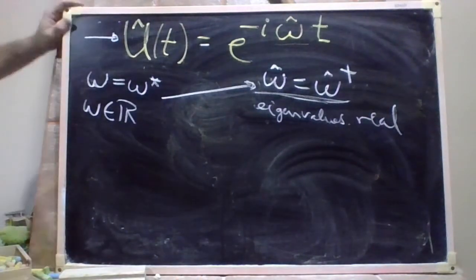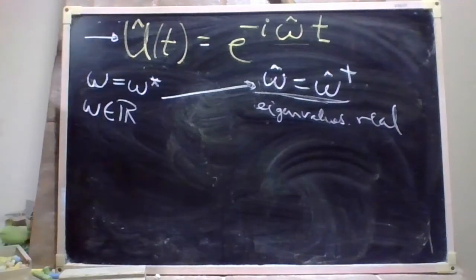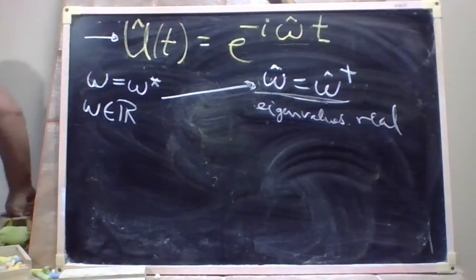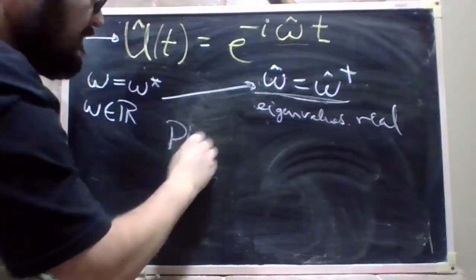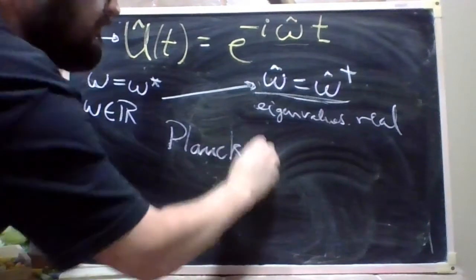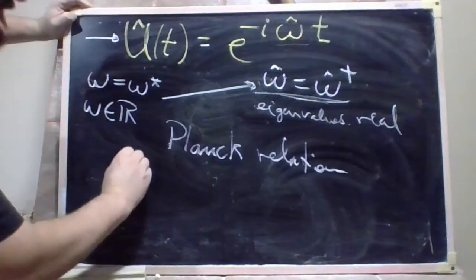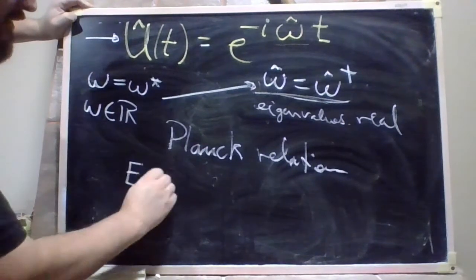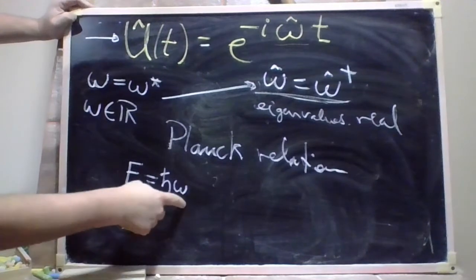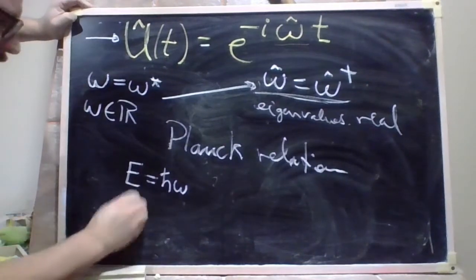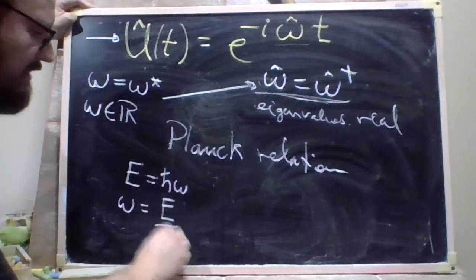All right? But now let's remember another concept in quantum mechanics, which is Planck's relation. For a single frequency, we have energy is equal to h bar multiplying omega, which means a single frequency is just the energy divided by h bar.